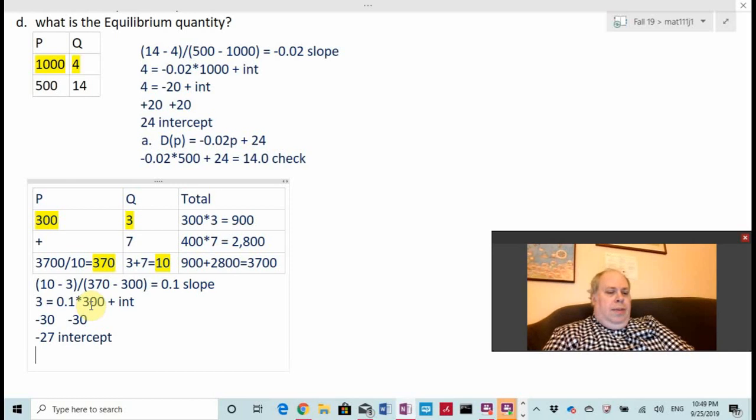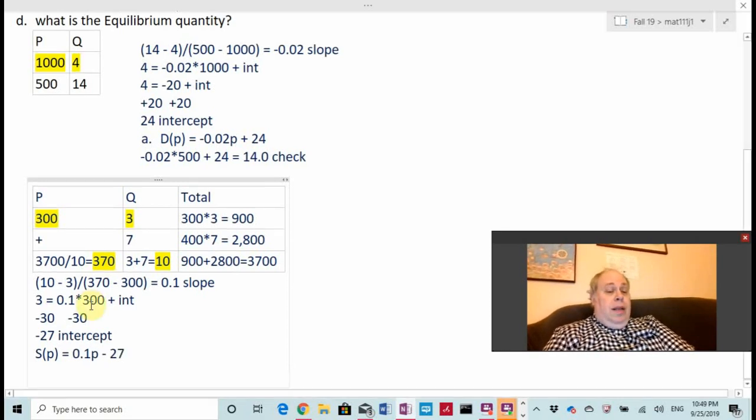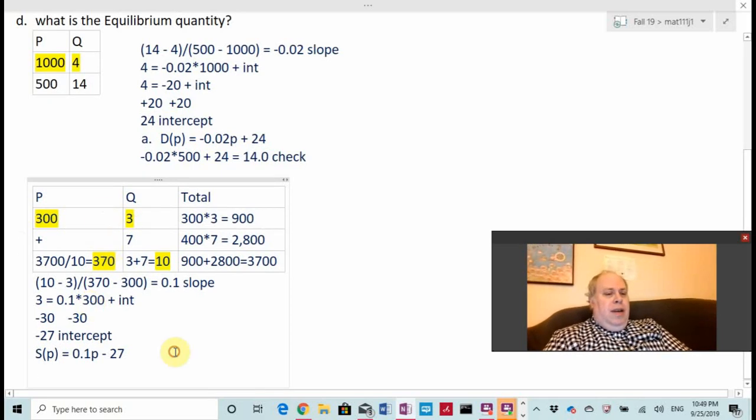So at this point, we think that the supply function is 0.1 times the price minus 27. Let's check that by putting in 370 and see if we get 10.